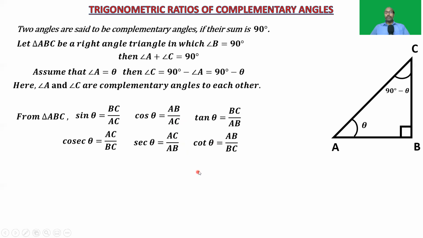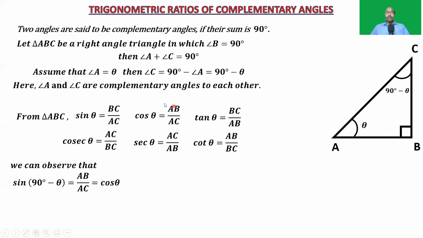Students, now find the trigonometric ratios with respect to angle C, that is with respect to angle 90 degrees minus theta. We can observe that sine of 90 degrees minus theta is equal to opposite by hypotenuse, opposite to angle C by hypotenuse, that is AB by AC.